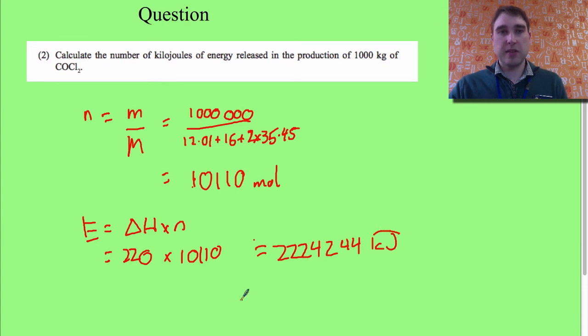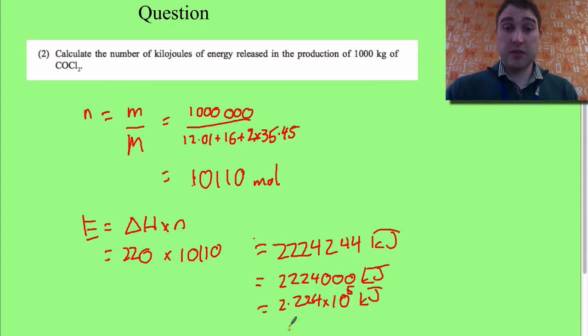Now we should round that off to our maximum number of significant figures. In this question it's 4, I would say. So we'll say 2,224,000 kilojoules, which is 2.224 times 10 to the 6 kilojoules in total.